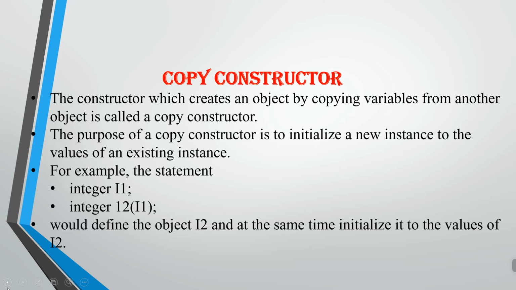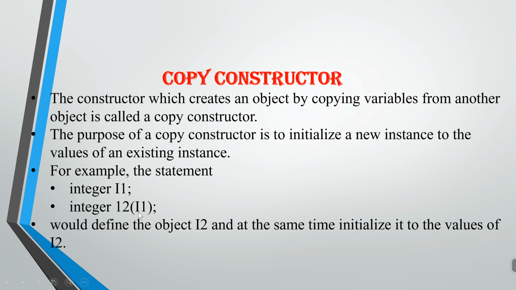That's why in this case we are mentioning the purpose of this constructor. For example, just look here. I'm declaring an object called I1. Then I'm declaring another object called I2, which takes the values from I1.